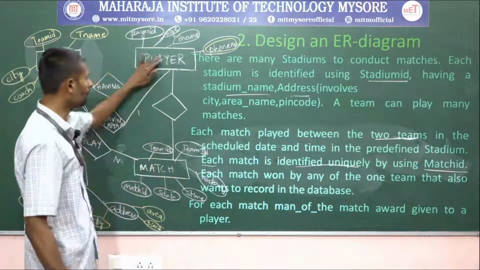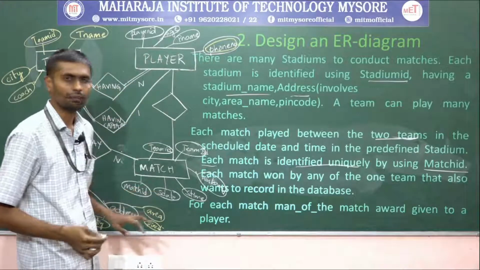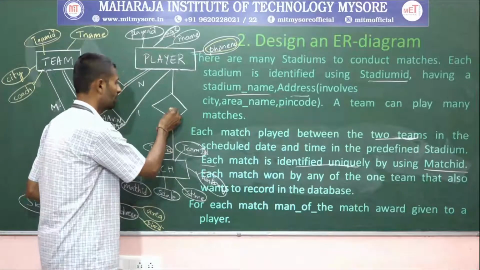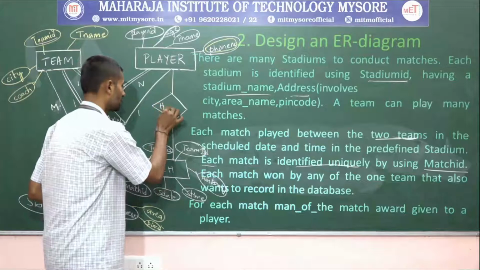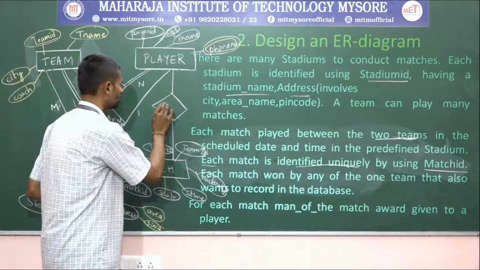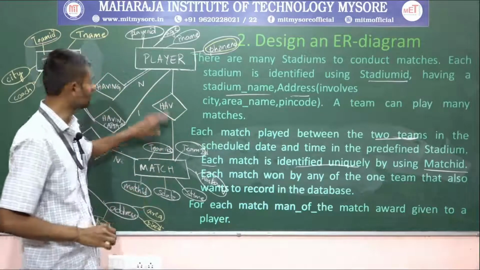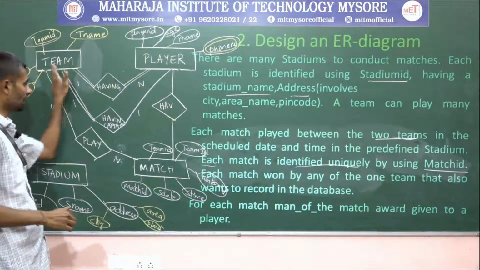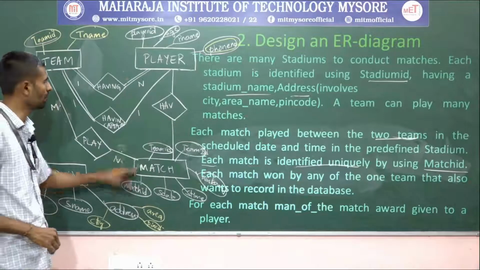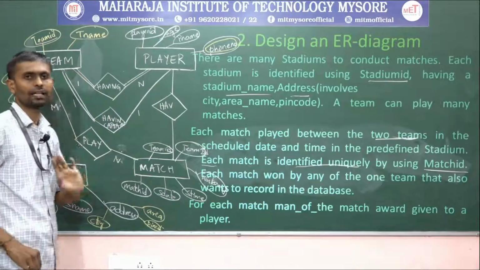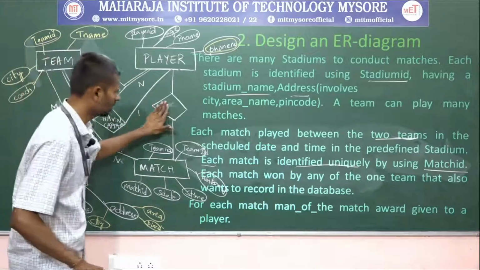Yes. Player plays match, right? Or match having players. Player plays matches. But indirectly, a player belongs to a team, plays matches, means the player is participating in a match, possible.